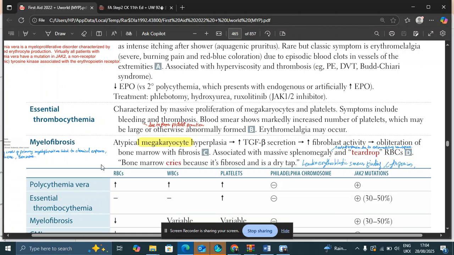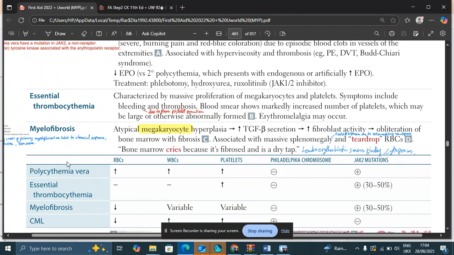Always remember: the bone marrow is fibrosed, that leads to extramedullary hematopoiesis. That's why we see splenomegaly, teardrop shaped RBCs, and dry tap in bone marrow aspiration. Three things, okay? Splenomegaly, teardrop RBCs, and dry tap.